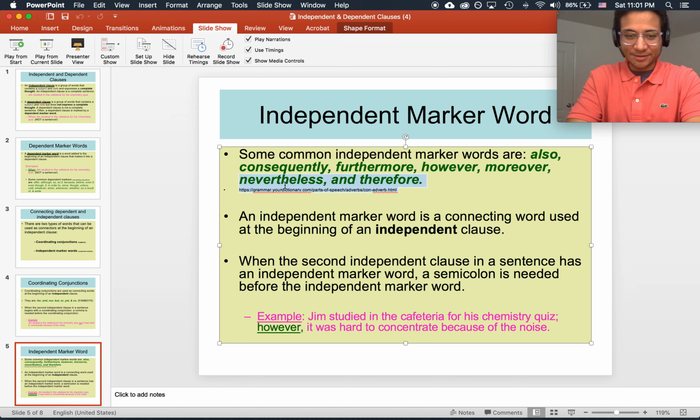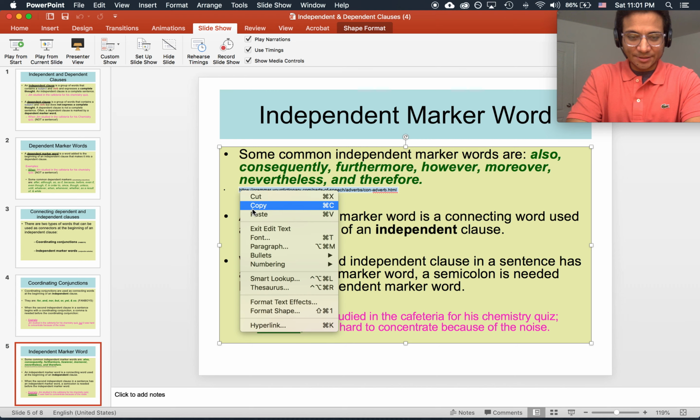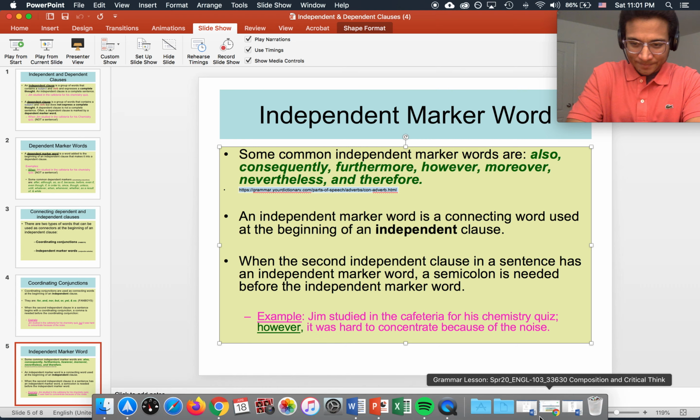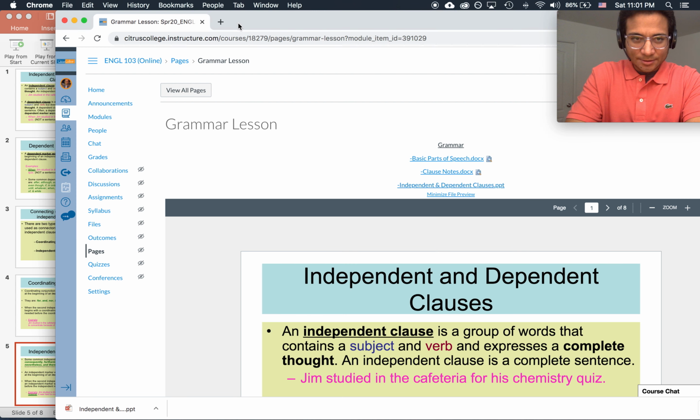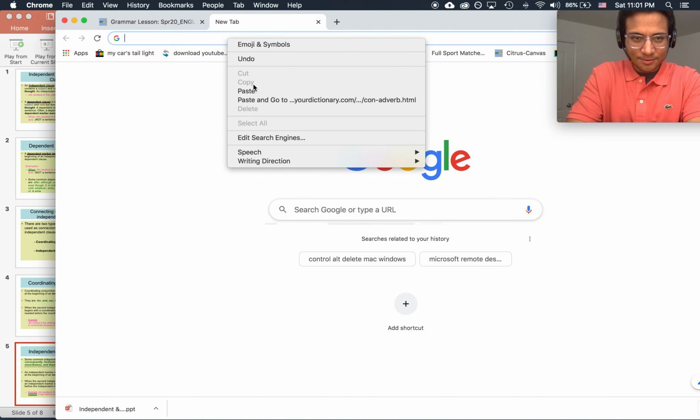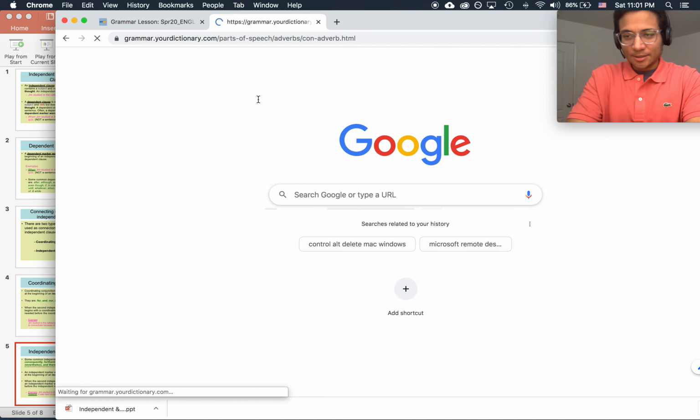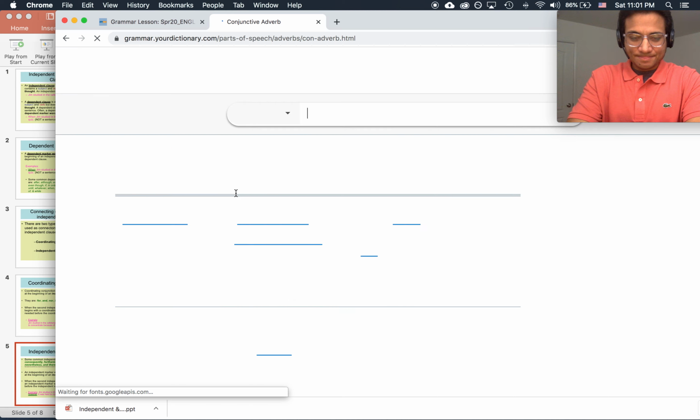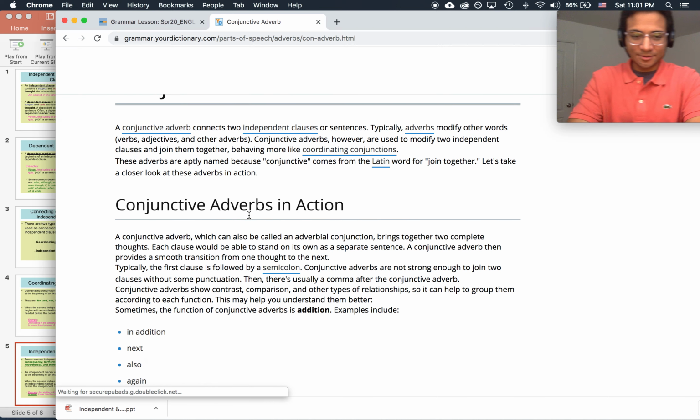And let's actually look at some examples on this link that I have for you here. Awesome. Here's some other examples.